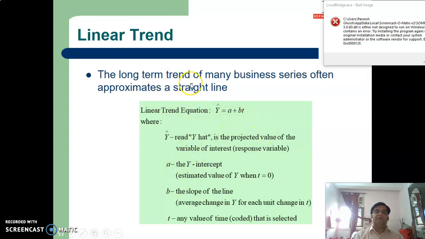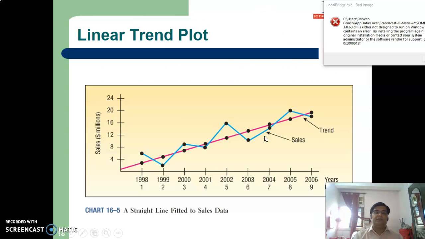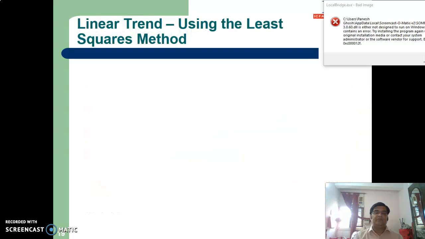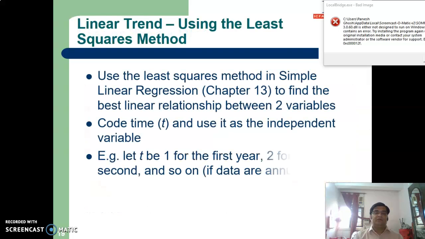The long-term trend of any business series can be approximated with a straight line equation, which is y hat equals a plus b times t, where a and b are the regression coefficients and t is the time. So this is the linear trend equation. This is a linear plot.